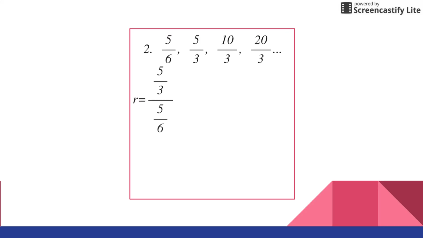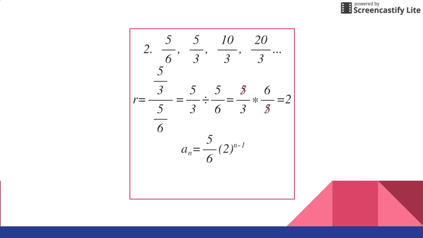So in order to simplify it, we are going to multiply by the reciprocal of the denominator. So the 5's cancel, and you're left with 2 as the common ratio. And the first term is 5/6. So that's as simple as the equation gets.